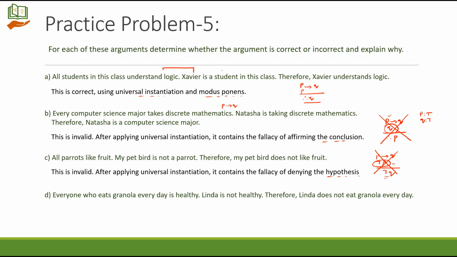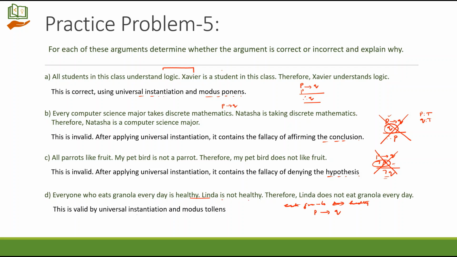Everyone who eats granola every day is healthy. Linda is not healthy. Therefore, Linda does not eat granola every day. This is valid by means of universal instantiation and modus tollens. We can say if a person eats granola, they will be healthy. So, this is P implies Q. Now, they say Linda is not healthy.